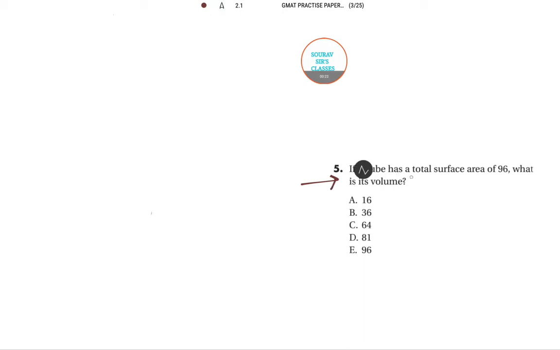The question says, if the cube has total surface area given to be 96, we need to comment on its volume. Now, a cube has 6 sides.